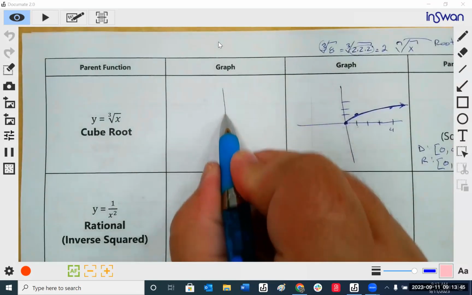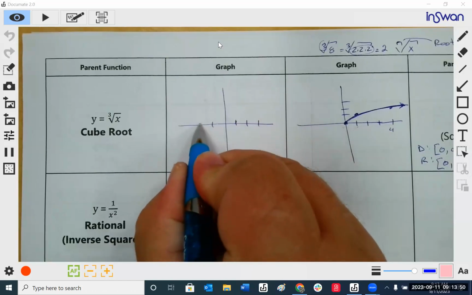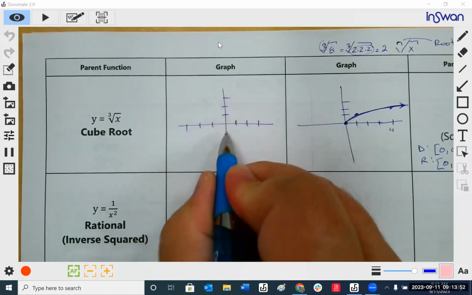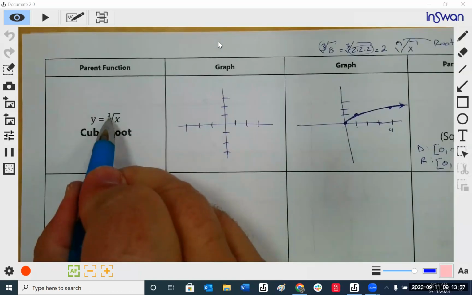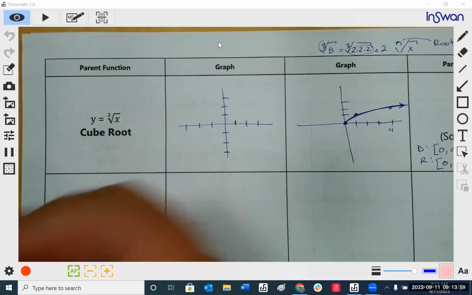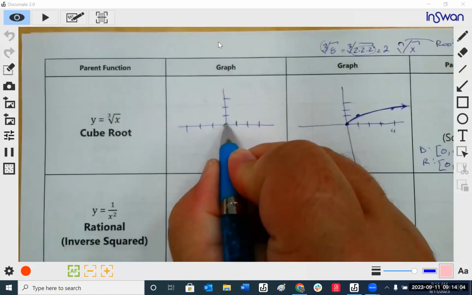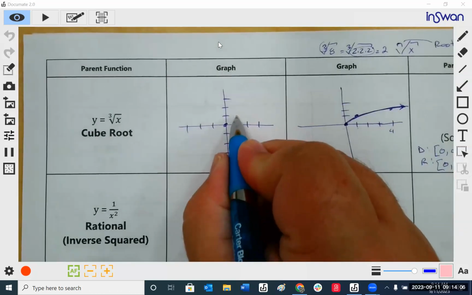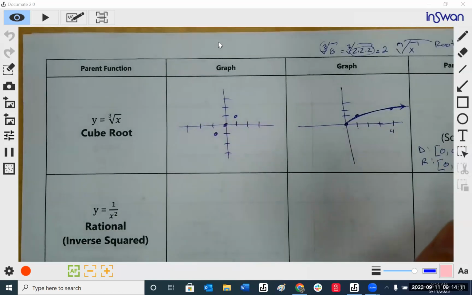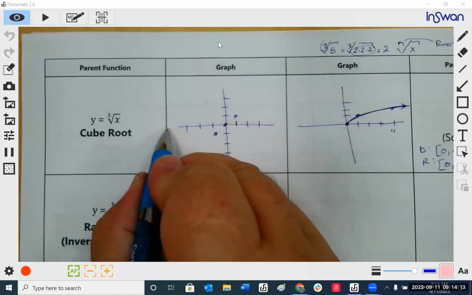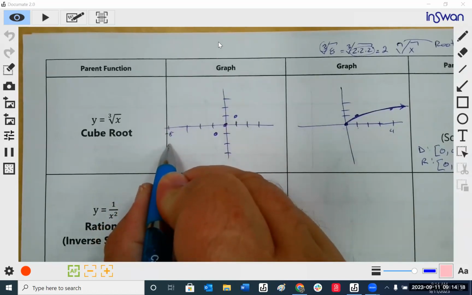Cube root is a little bit different now. Because now, since it's cube, it can be positive, negative, or 0. So when x is 0, y is 0. When x is 1, y is 1. When x is -1, y is -1. When x is -8, y is -2.